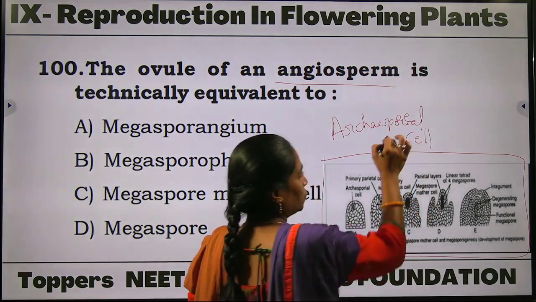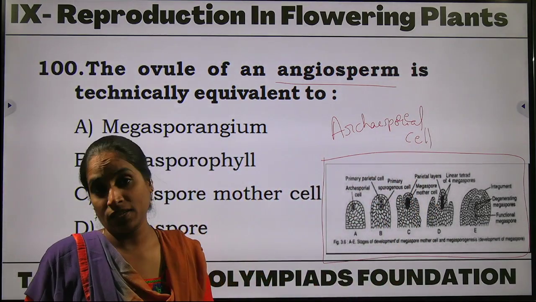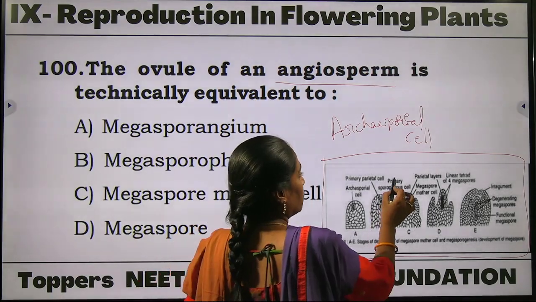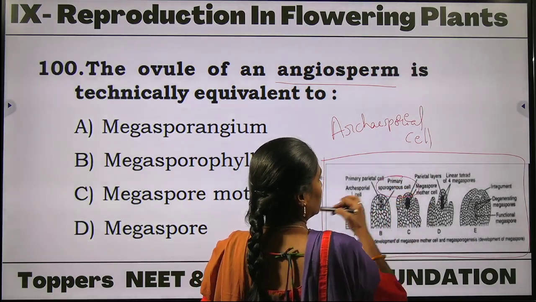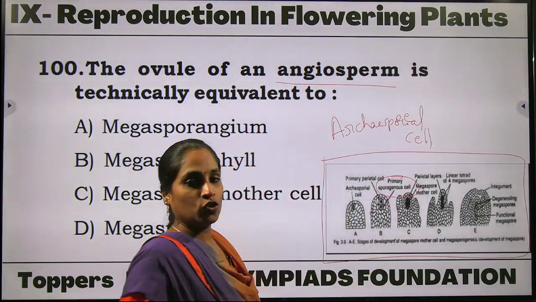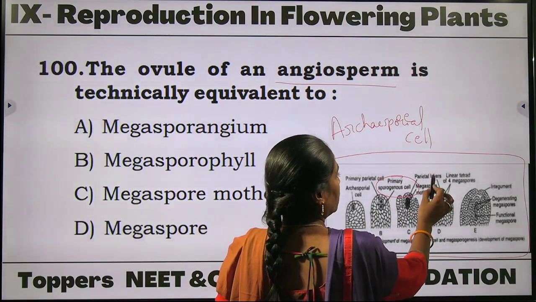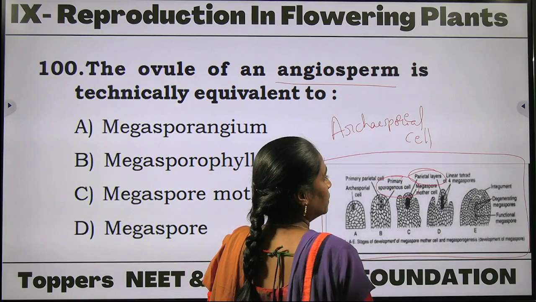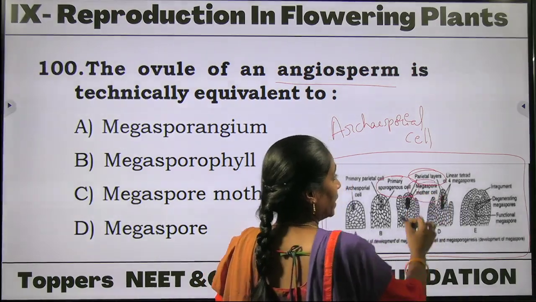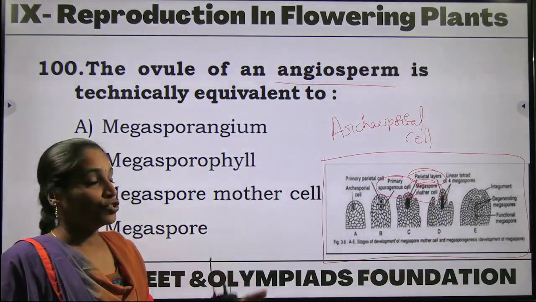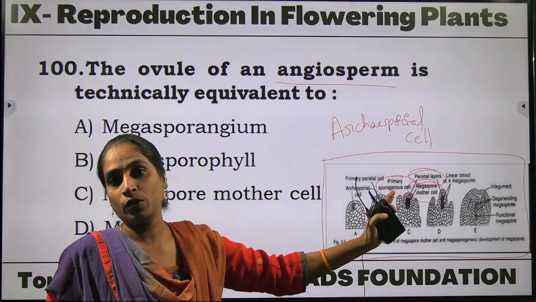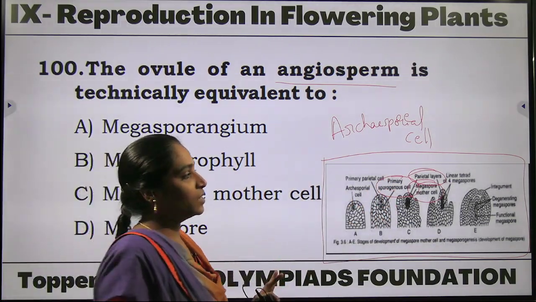The archesporial cell is responsible for the meiotic cell division and forms the primary sporogenous cells. The primary sporogenous cells ultimately form the parietal layers, and then we can observe the megaspore mother cell forms. Everything in this condition will be formed by meiotic cell division.